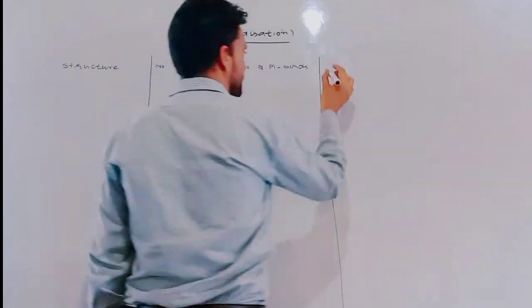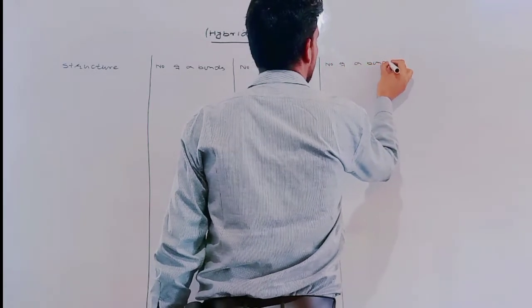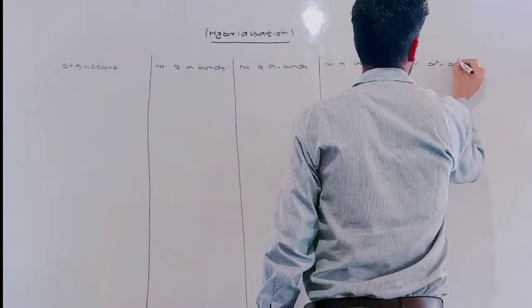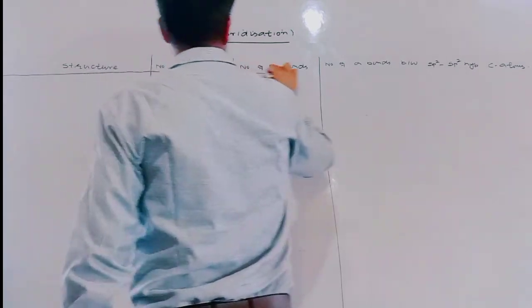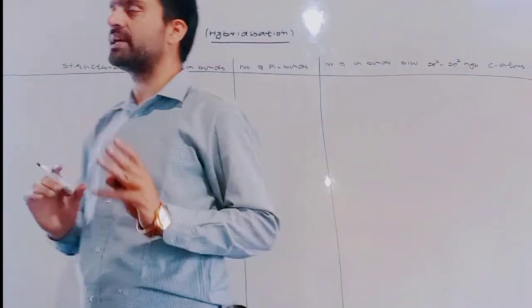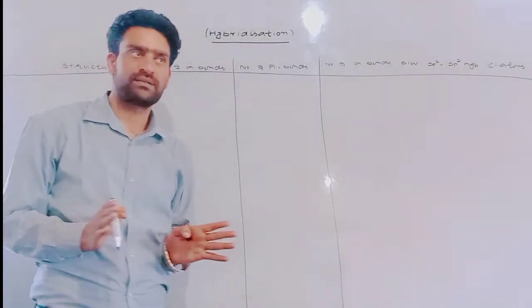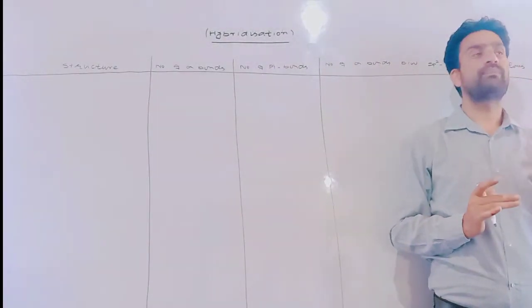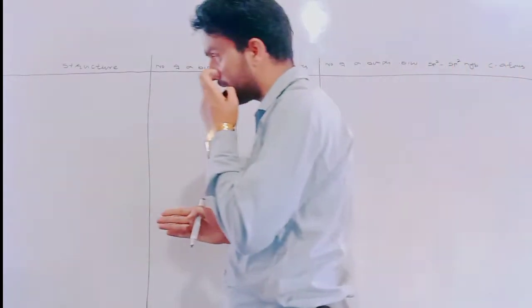And next, number of sigma bonds between sp2 hybridized carbon atoms. Right? I will give you a simple structure of an organic molecule. You have to find out how many sigma bonds it contains, how many pi bonds it contains, and the number of sigma bonds between sp2 hybridized carbon atoms.